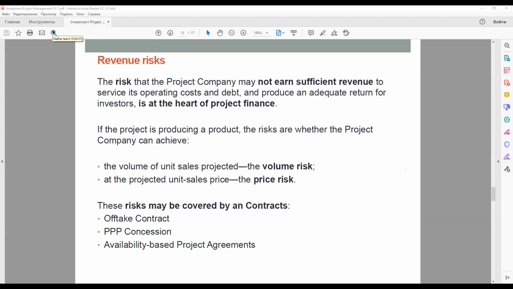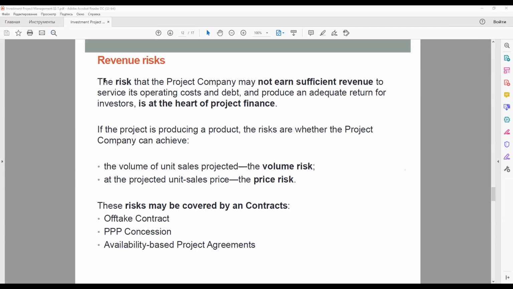That's how it works in a few words. The risk of penalties or deductions from public-private partnership contract revenues related to availability or performance will be discussed later.